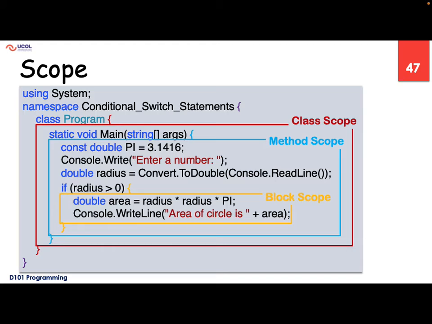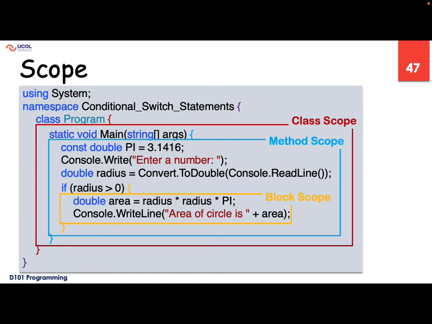If you have declared a variable within any kind of scope, it can only be accessed within that scope. If you have defined something at the method level, that can be accessed in the block. Why? Because this block is also part of the method. Understand?